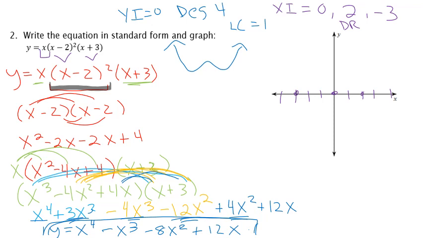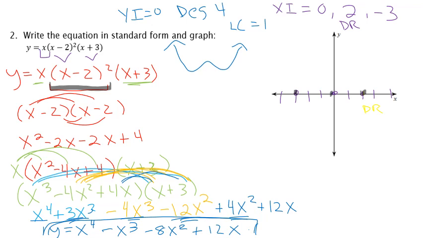Now maybe do the little highlighter here. Okay, so we know that these are going to be our 3 roots. We also know that our y-intercept is at 0. And then also the last thing is we know that 2 is going to be a double root, right? So we know that it's going to hit that and bounce.